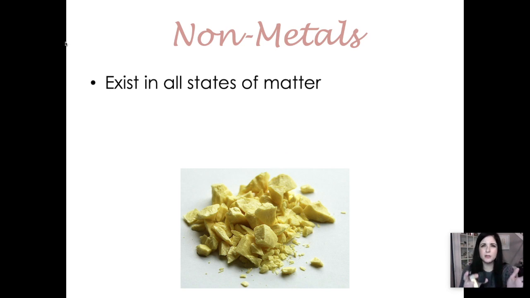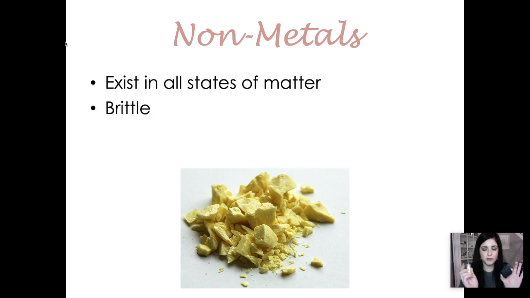So your metals are typically all solids at room temperature, with a couple of exceptions. Mercury is a liquid at room temperature. Gallium has a very low melting point. But your nonmetals exist in all states of matter. And in fact, they have some of the highest boiling points and melting points, but they also have some of the lowest boiling points and melting points, which I think is kind of interesting.